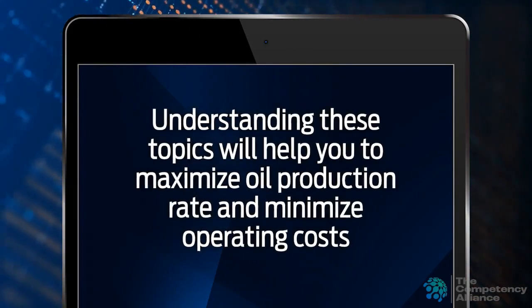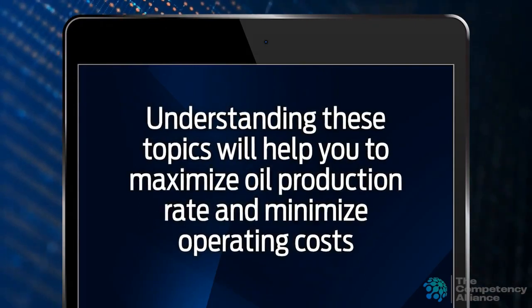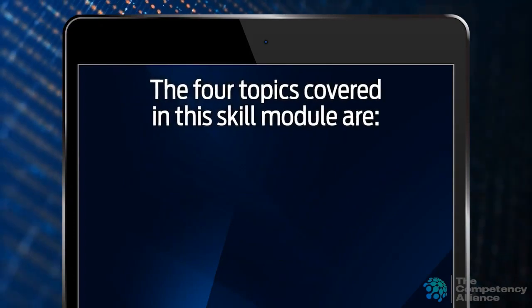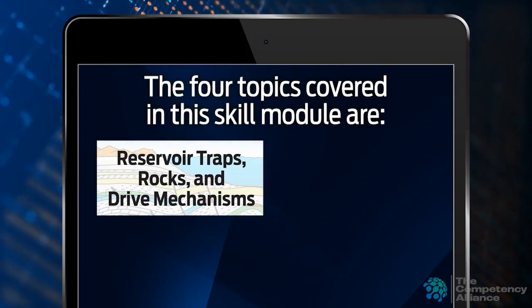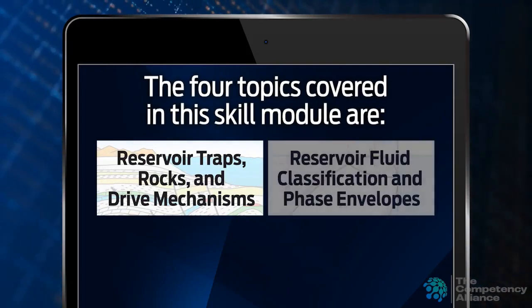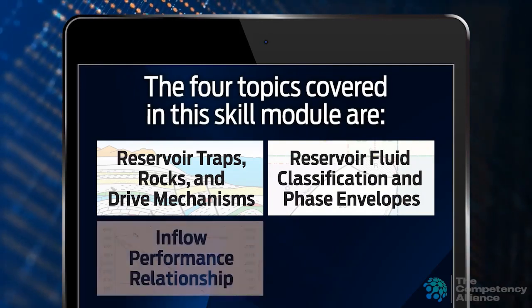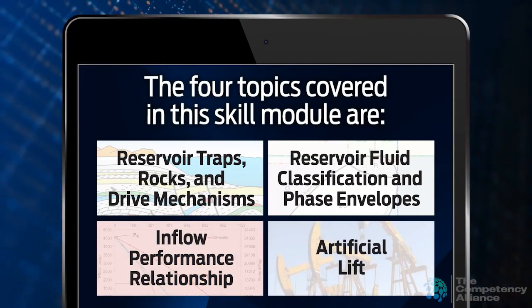Understanding the 4 topics covered here will help you to maximize oil production rate and minimize the operating costs. The 4 topics covered in this skill module are reservoir traps, rocks, and drive mechanisms, reservoir fluid classification and phase envelopes, inflow performance relationship, and artificial lift.